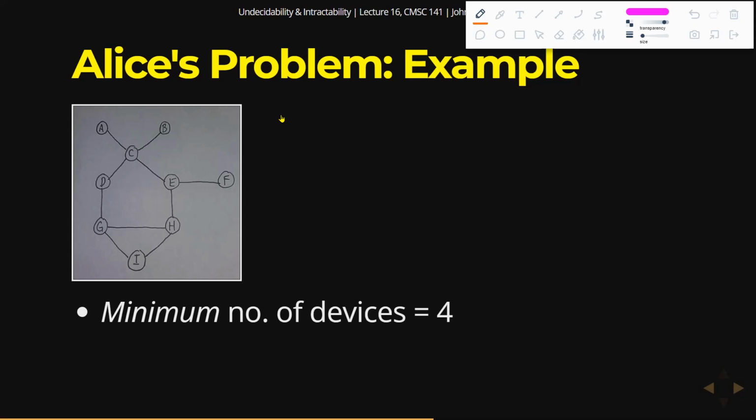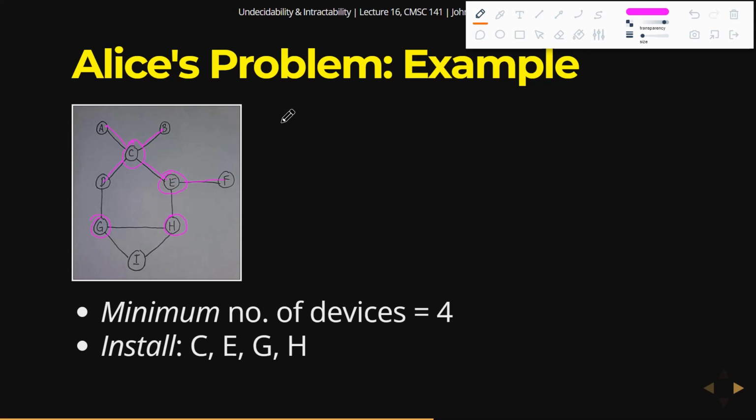So where would we install those? We can install them in C, E, G, and H. Those are 4. The center in C will cover this line, this line, this line, and this line.